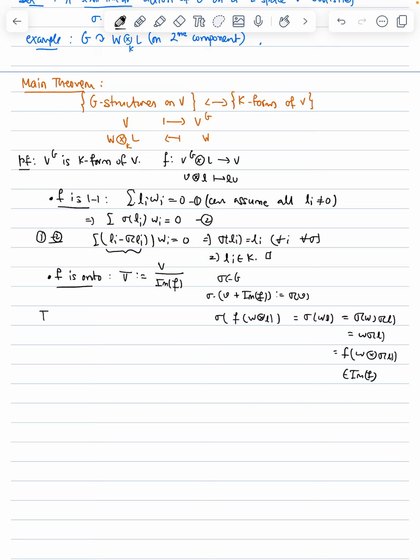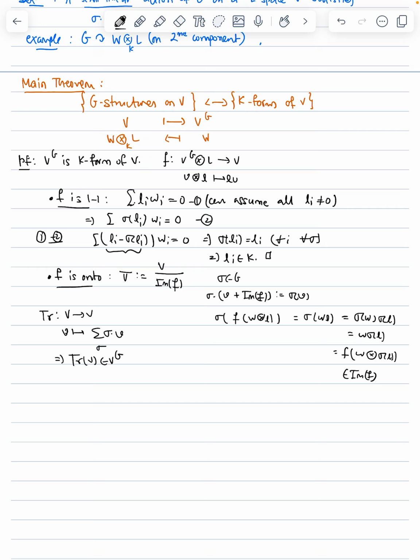There's also a trace map on V, which is just you take any V and act by all possible elements in the Galois group and take the sum over all elements. It's really easy to check that this thing is actually in the fixed set, because it's a finite group, so acting by any other sigma prime will just give you a permutation.